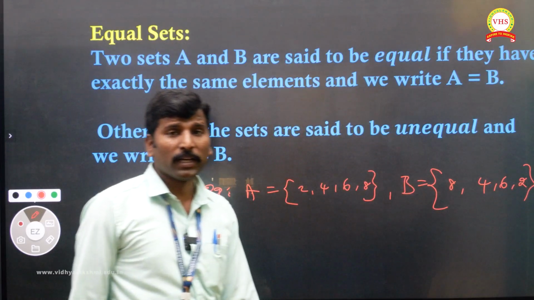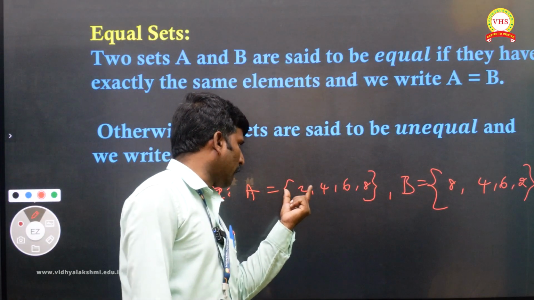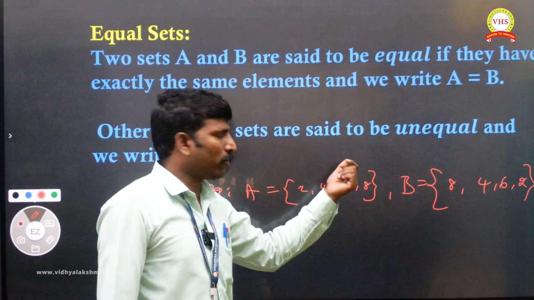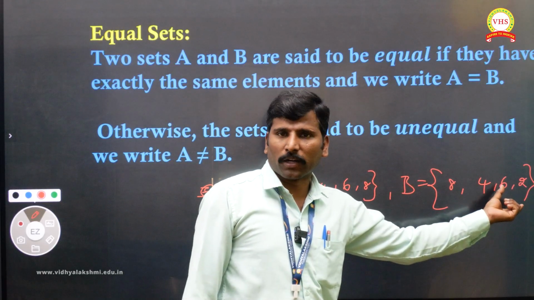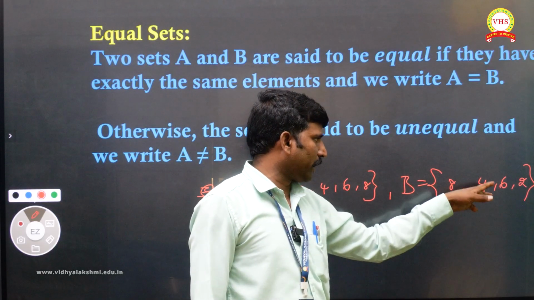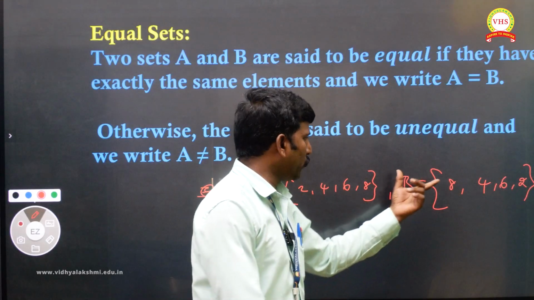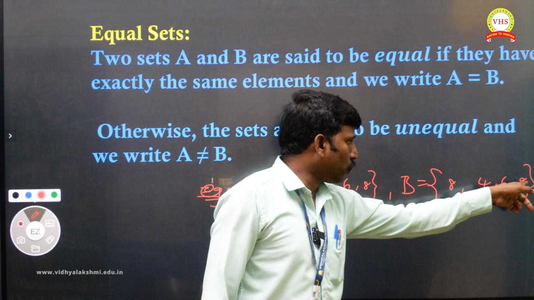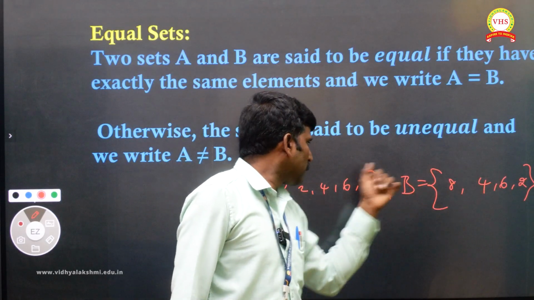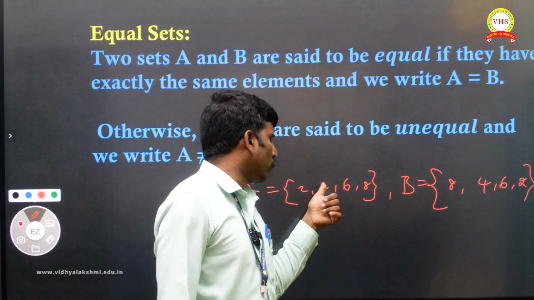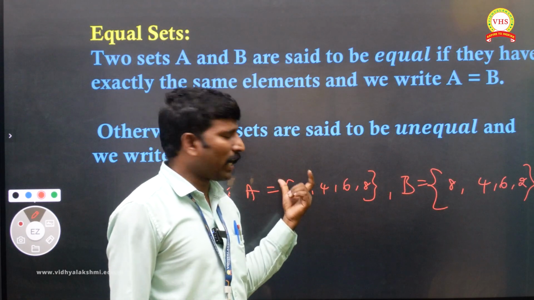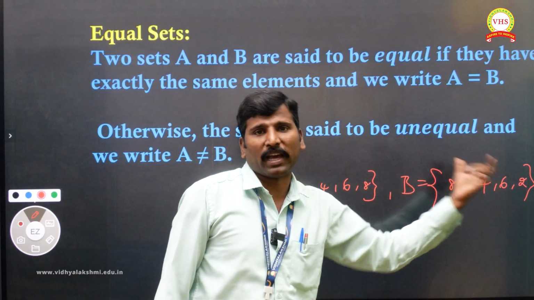See, in A the numbers go from small to big, but in B I didn't follow any order. But if you arrange according to the order, 2 is there, here also 2. 6, here also 6. And 4, here also 4. 8, here also 8. So we have the same numbers there also.